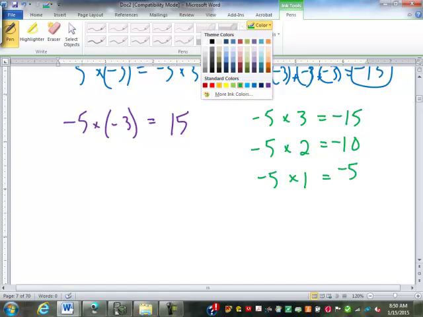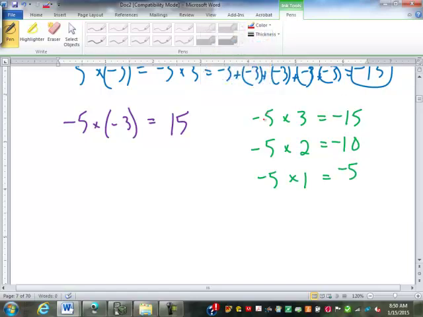Now let's look at this for a second. Here, as long as we're starting with negative 5 every time, if we reduce what we're multiplying by 1, the answer goes up by 5, from negative 15 up to negative 10, from negative 10 up to negative 5. So if this is true, that pattern would continue.